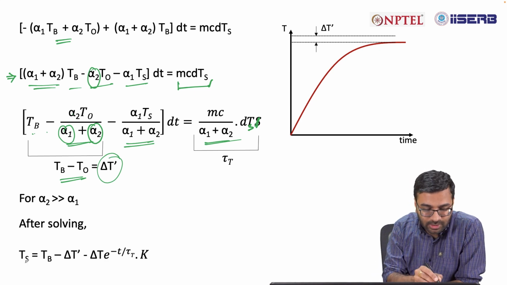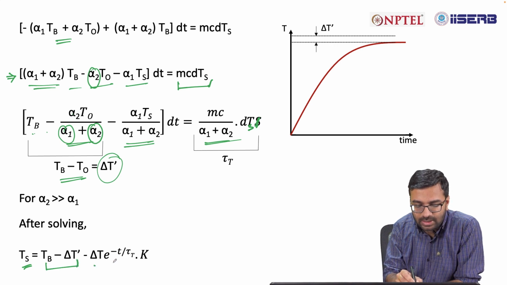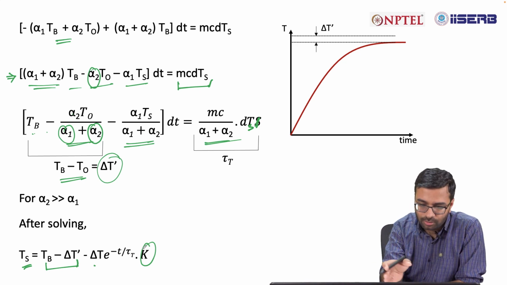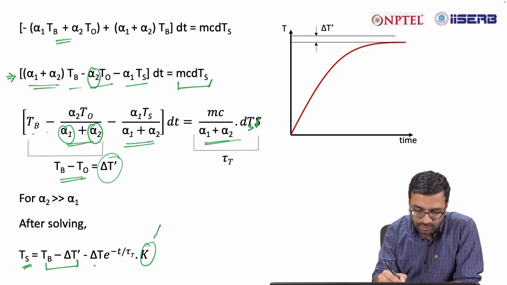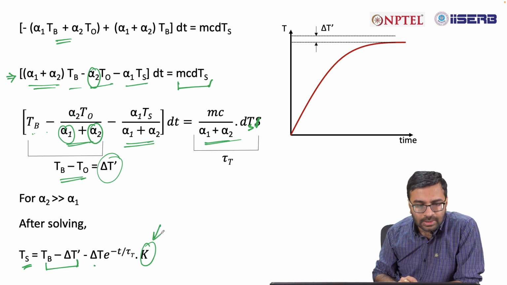And then your equation will become Ts is equal to Tb minus del T dash minus delta T e to the power minus t by tau into K. K is again the proportionality constant, integration constant. The moment you do the integration, you will find there is a constant which is K in this case, right.